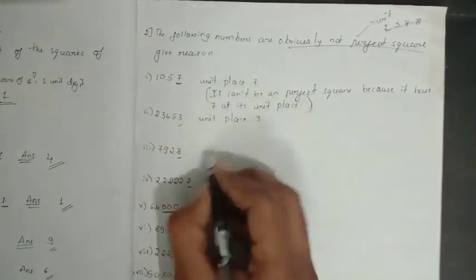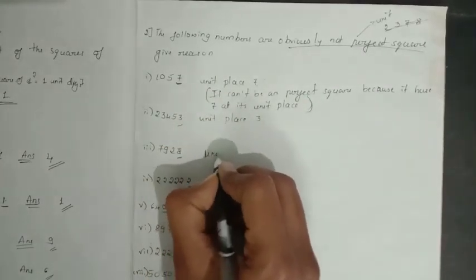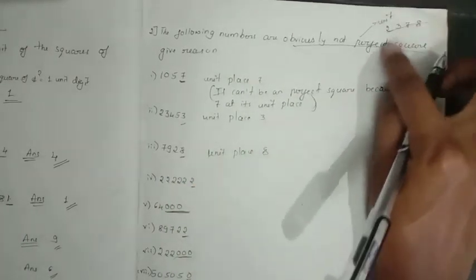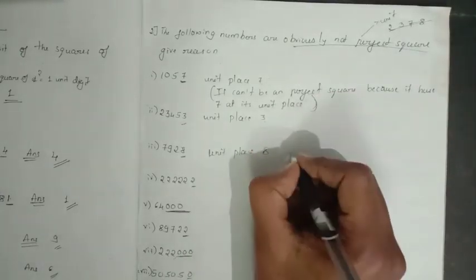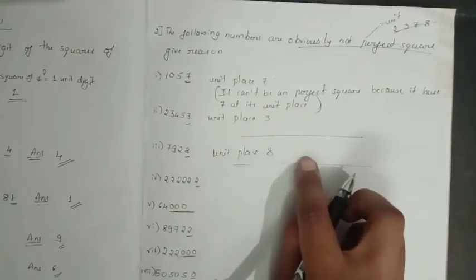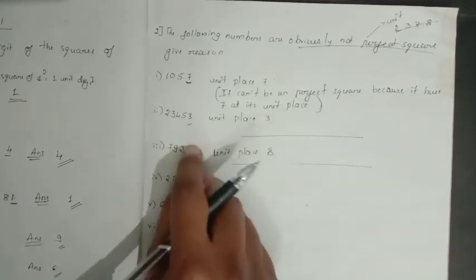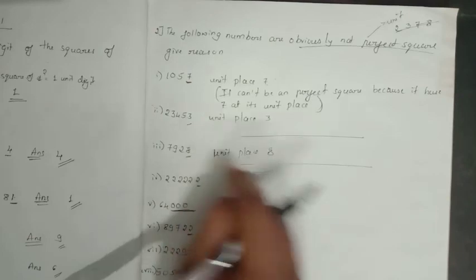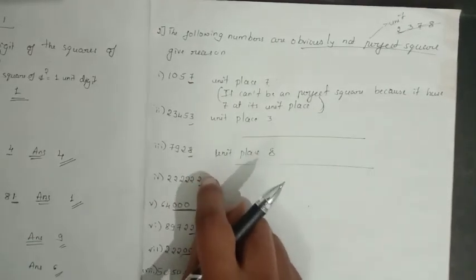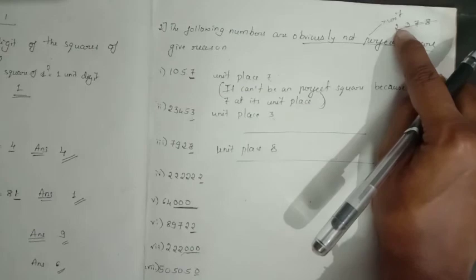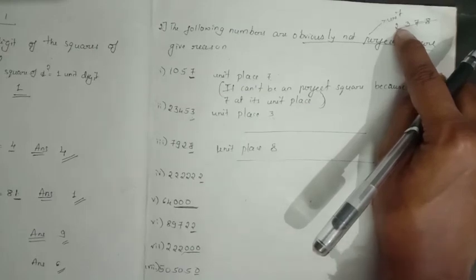Okay, so the unit place is 3 here. What about the next one? The unit place is 8. So 3 and 8 are also there in this list, so it is not a perfect square. Write the full definition here. It can't be a perfect square because the unit place is 8, and here the unit place is 2, as 2 is also present, so it is not a perfect square.